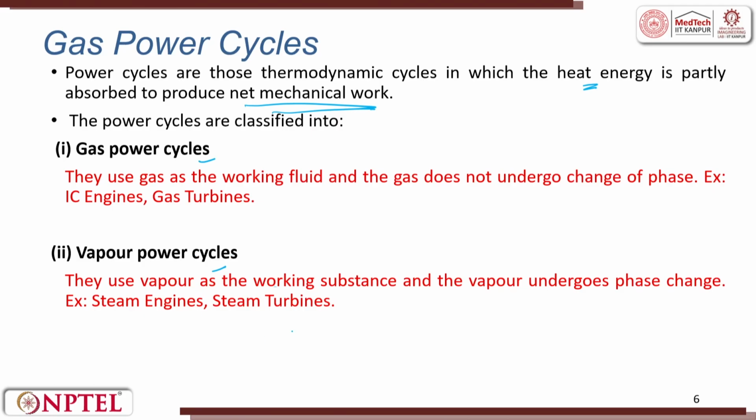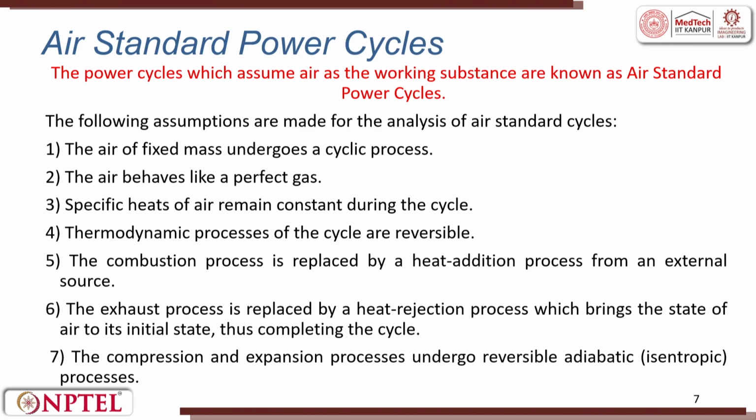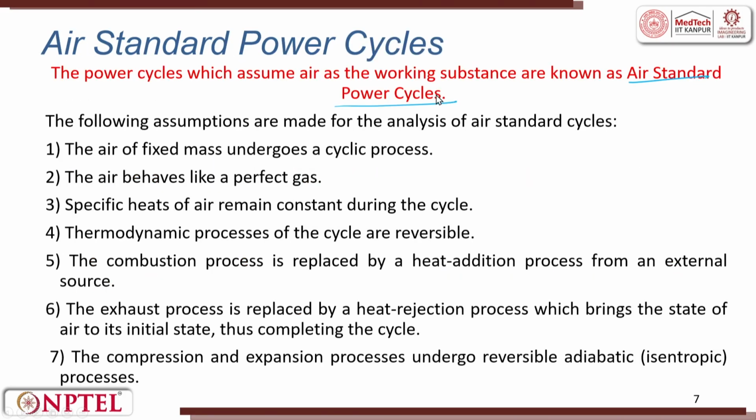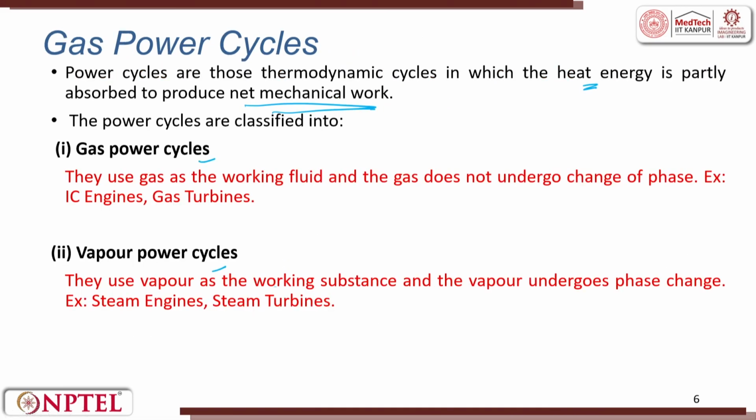So, these are different. The power cycle which assumes air as a working fluid is known as an air standard power cycle. So, we saw vapor, we saw gas, right? Two systems we saw. Now, we are trying to say we assume air. In the vapor cycle, we take a liquid where there is a change in phase.